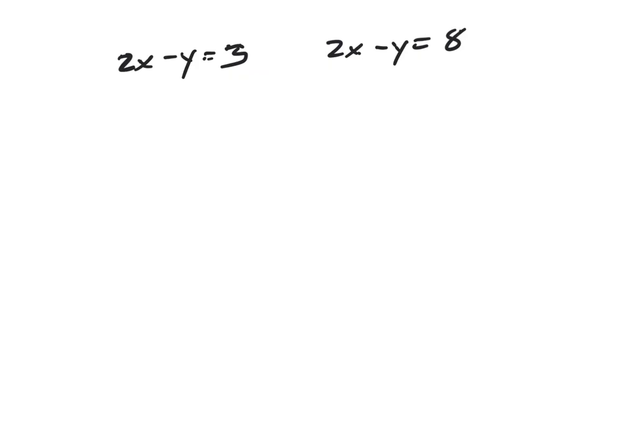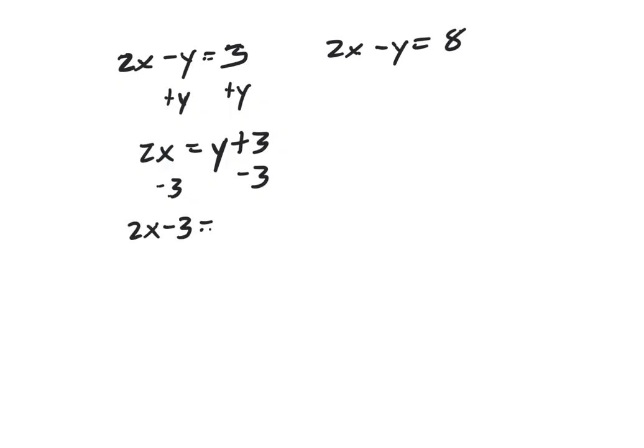So I'm going to add y first, which is a little bit out of the norm, and then I'm going to subtract 3. If you want to subtract 2x and divide by negative 1, it's the same thing. I just think that's a little bit easier, a little bit less work involved.